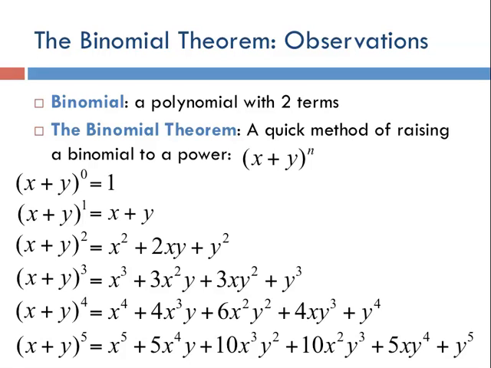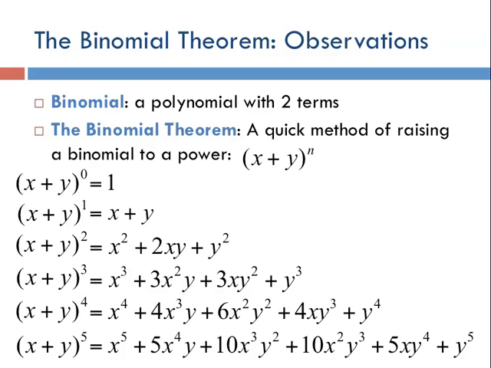X plus y cubed, the second term has a coefficient of 3. X plus y to the fourth, second term has a coefficient of 4, and so on. Another thing you might notice with the coefficients is they go up and then go back down, right? So we have on the last row 1, 5, 10, 10, 5, 1. And the second to last one, 1, 4, 6, 4, 1, right? It goes up and then back down.